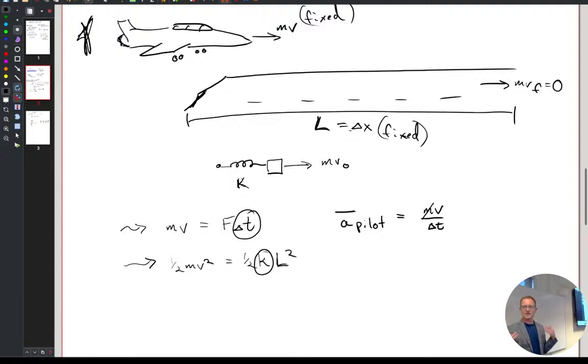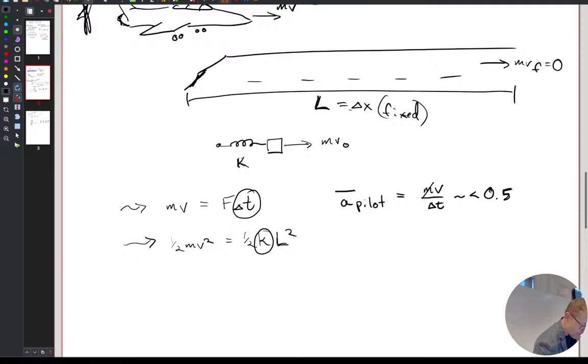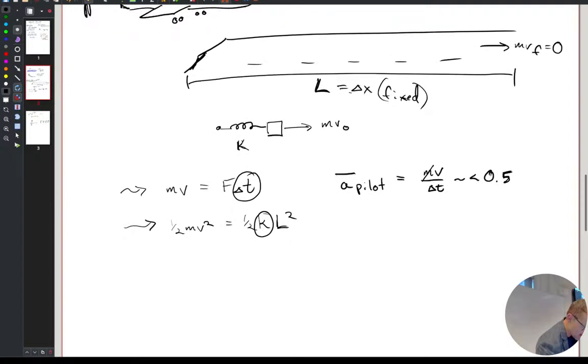Probably during landing, I don't want the pilot to go through like 3 Gs of force, because there's just no reason to. So maybe I want to keep this less than 0.5, like half a G, something like you're hitting the brakes pretty hard, but not upchucking breakfast during the process. So that would give me a limit on how much force I would have and how much that a could be.